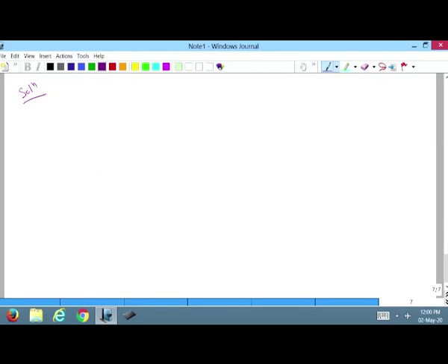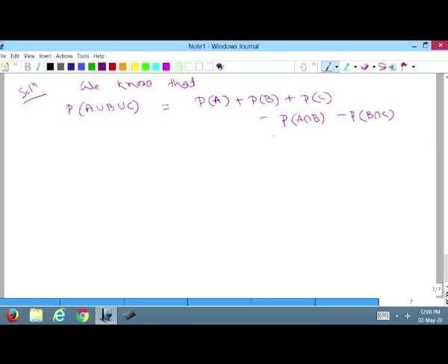Solution: we know that probability of A union B union C is equal to probability of A plus probability of B plus probability of C minus probability of A intersection B minus probability of B intersection C minus probability of A intersection C plus probability of A intersection B intersection C. It is given that this is greater than or equal to 0.75, and it is obvious that it is less than or equal to 1.